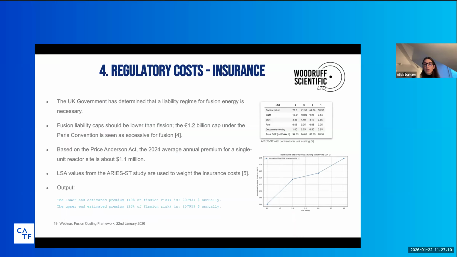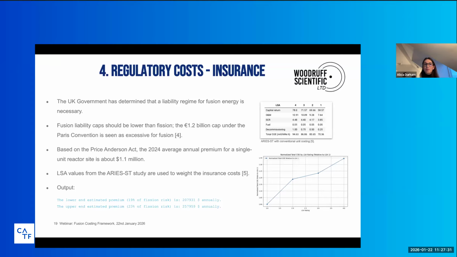And the way we did this was by adapting the premium from fission into fusion, by weighting it using this level of safety assurance, LSA, from an ARPA-E study. And this gives us a range in which our premium would be for fusion.